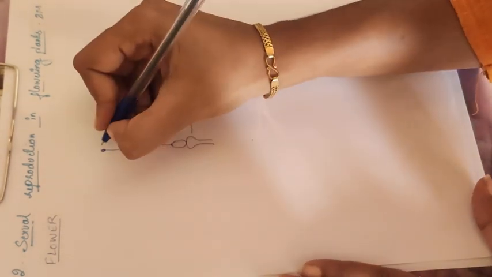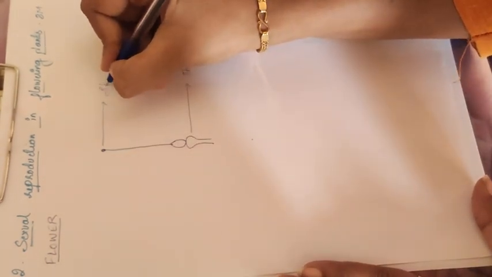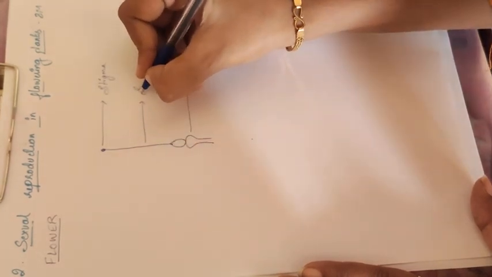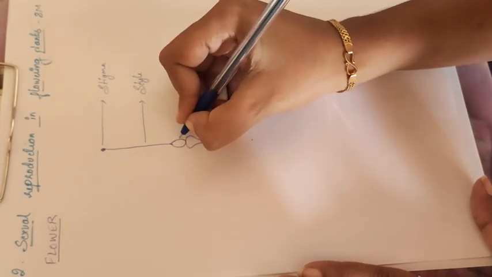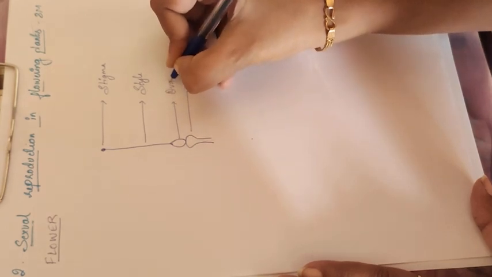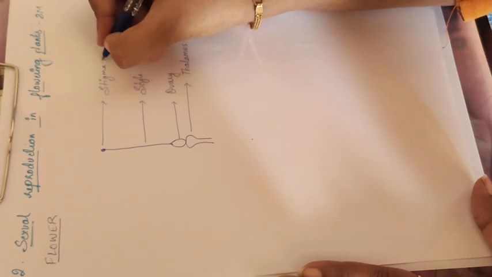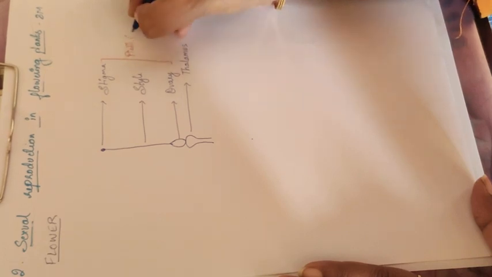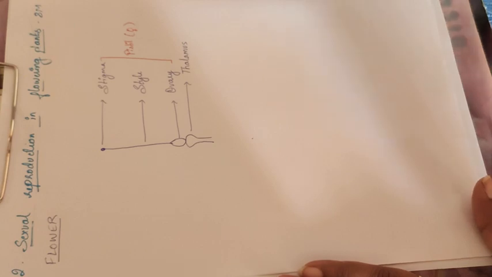The pistil consists of the stigma, the style, and the basal portion called the ovary. Together the stigma, style, and ovary constitute the pistil, which is the female reproductive part of the flower.